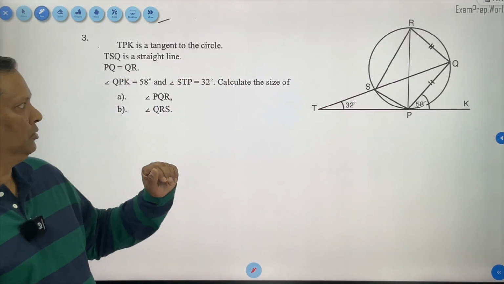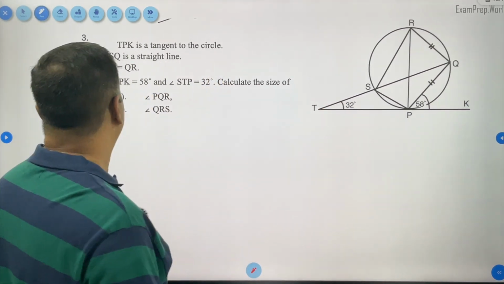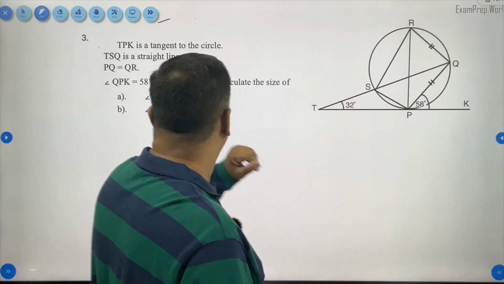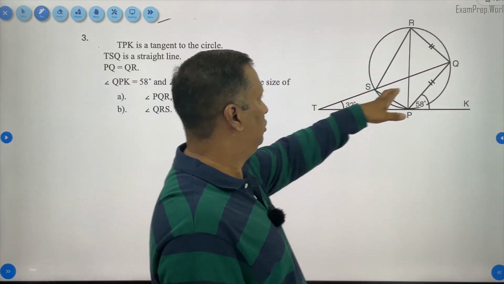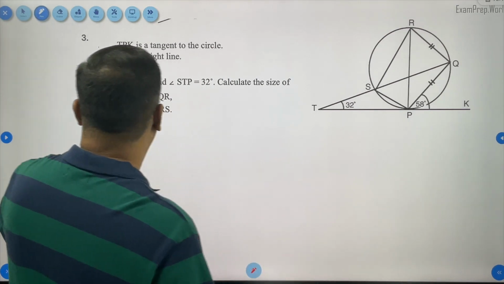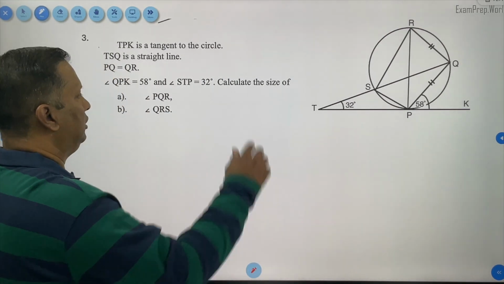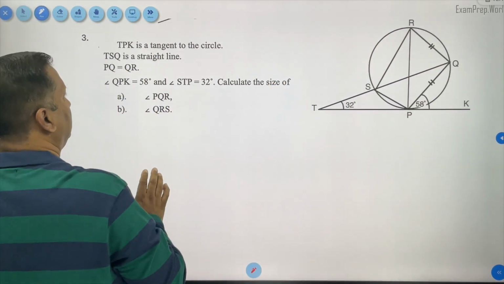Let's come to this one. This is the image which was there on the home screen of this video. Okay, TPK is a tangent. Okay, this one, this long line is a tangent. TSQ is a straight line. Okay, agreed. They have given PQ is equal to QR. PQ equals to QR, that is also given.